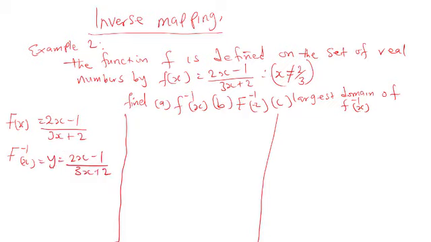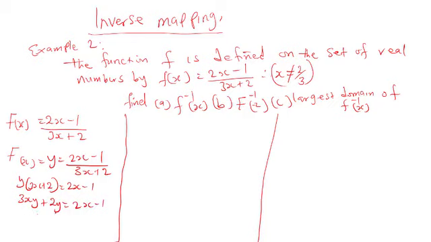Now let's make x the subject of the formula. We multiply: y times 3x plus 2 is equal to 2x minus 1. So this is equal to 3xy plus 2y to be equal to 2x minus 1.